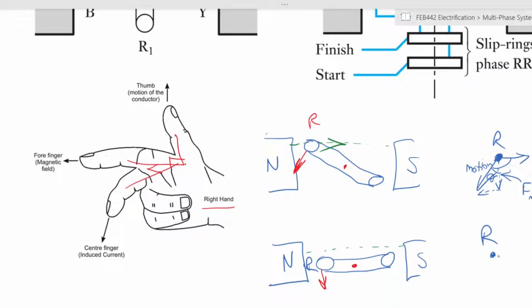So that now the magnetic field is in that direction and motion is now perpendicular to the magnetic field, so that now the right-hand rule fully applies in this case.